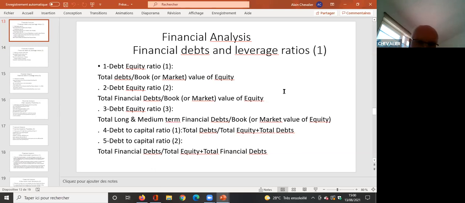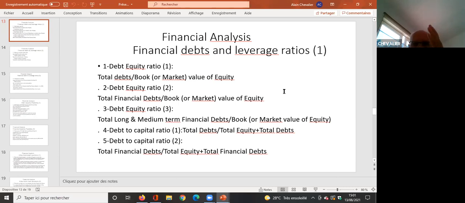If you increase the percentage of financial debt in your WACC calculations, you decrease the level of WACC. Okay? So you understand, of course, that it's much better to decrease the level of WACC if this decision doesn't create a too risky and not acceptable situation of risk for the banks, for shareholders, for other stakeholders.